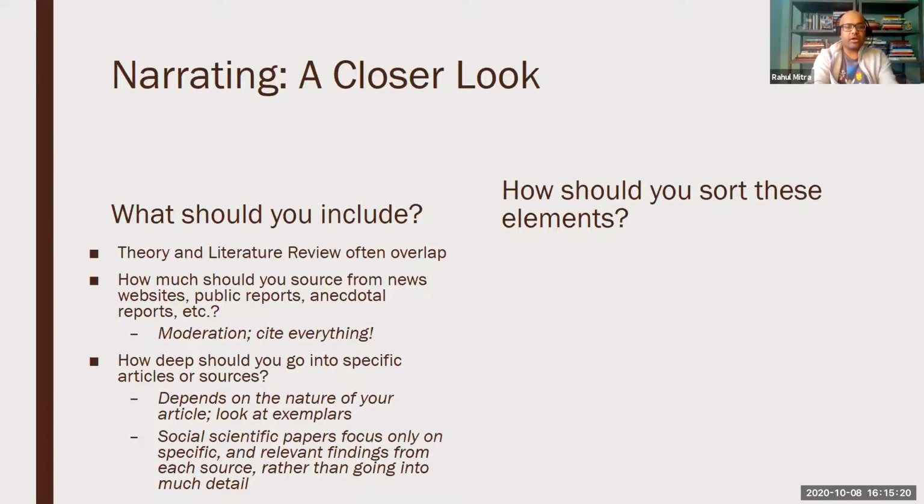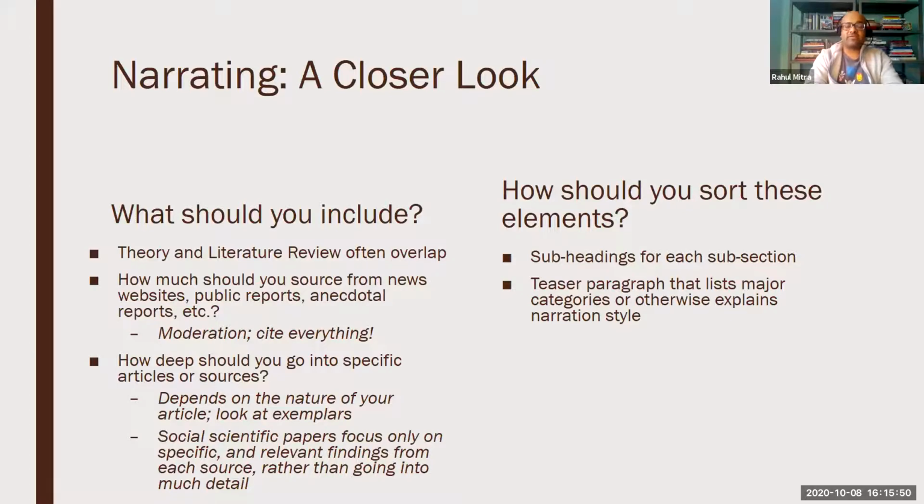So we talked about what you should include, the content, the level of detail so far. How do you sort these elements now? And that becomes a really important question. A few quick suggestions. Subheadings are really helpful because, again, it makes the reviewer understand the logical flow of the argument. How is your literature review really going to flow?